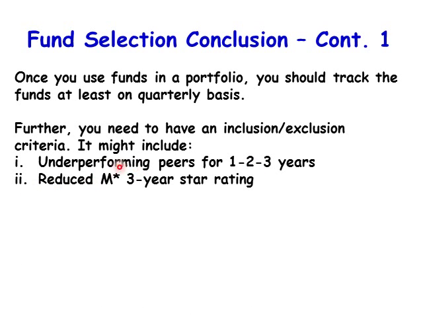Reduce if the returns have been so terrible that it has affected its 3 year Morningstar star rating, then you have to worry about it. Okay, that's another criteria you can use to include or exclude.